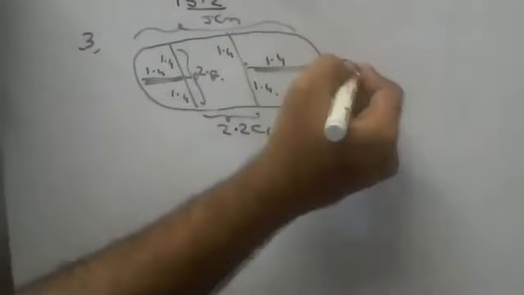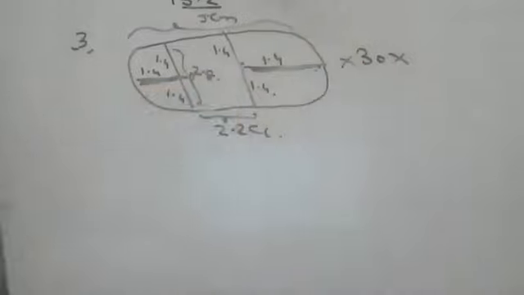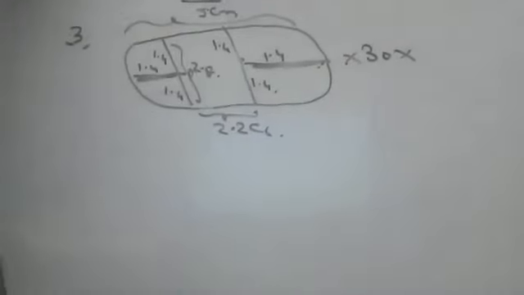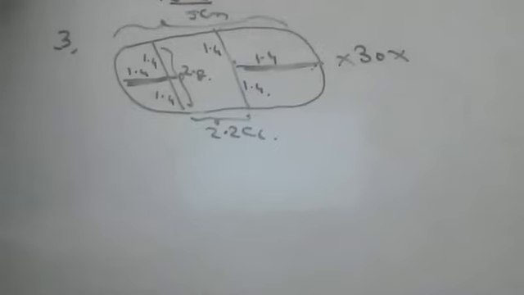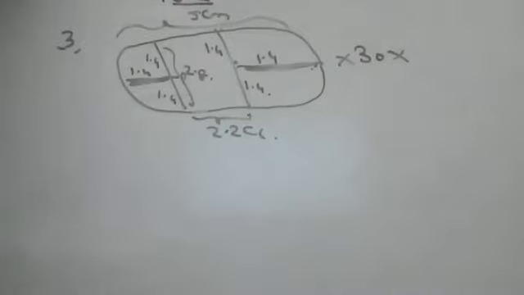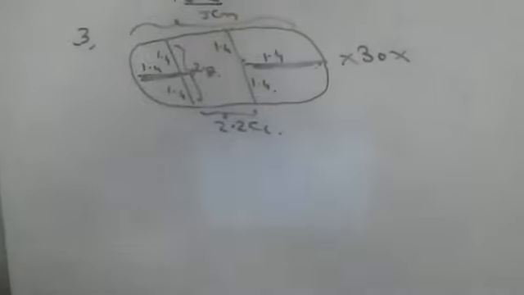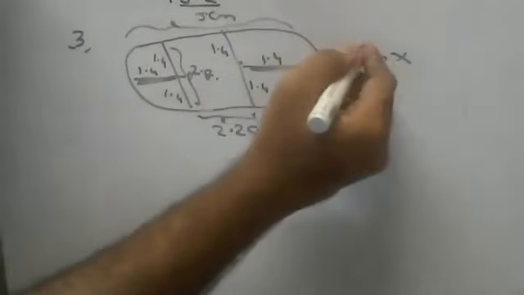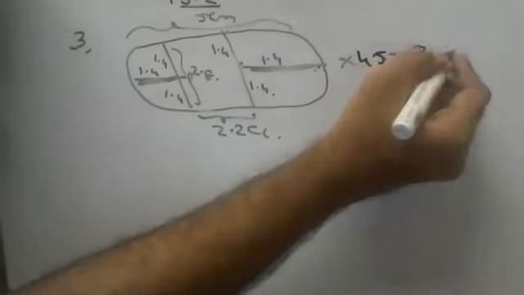So like this 30 gulab jamuns are there, it seems in the question. 45 gulab jamuns are there, with 30% sugar syrup.